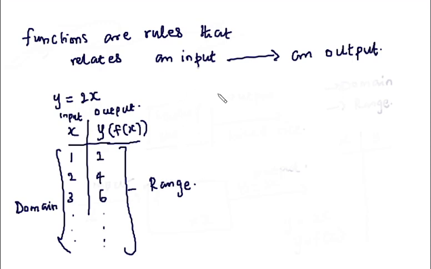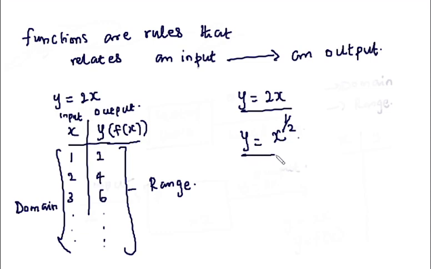But another thing I want you to know about functions is that not all rules are functions. So let's say you have y is equal to 2x. This is a rule, and for every value of x you get a particular value of y. But say you have something like y is equal to the square root of x.